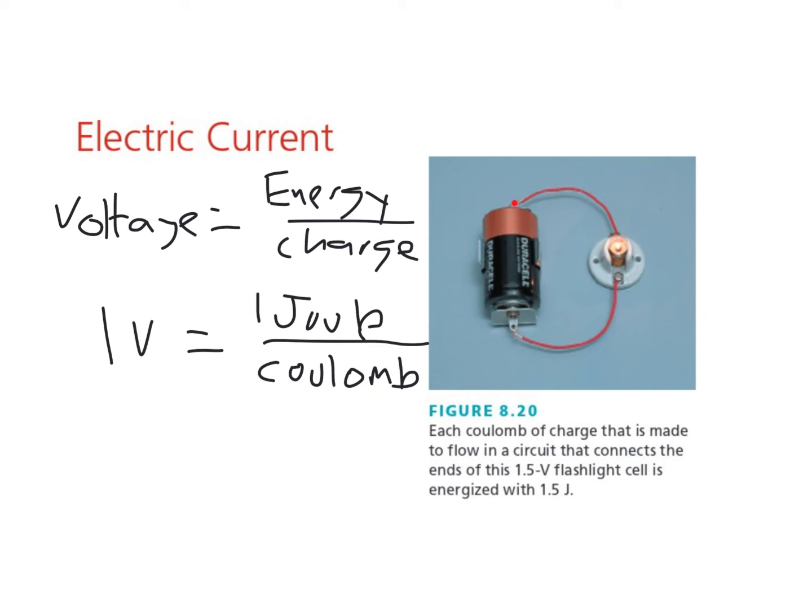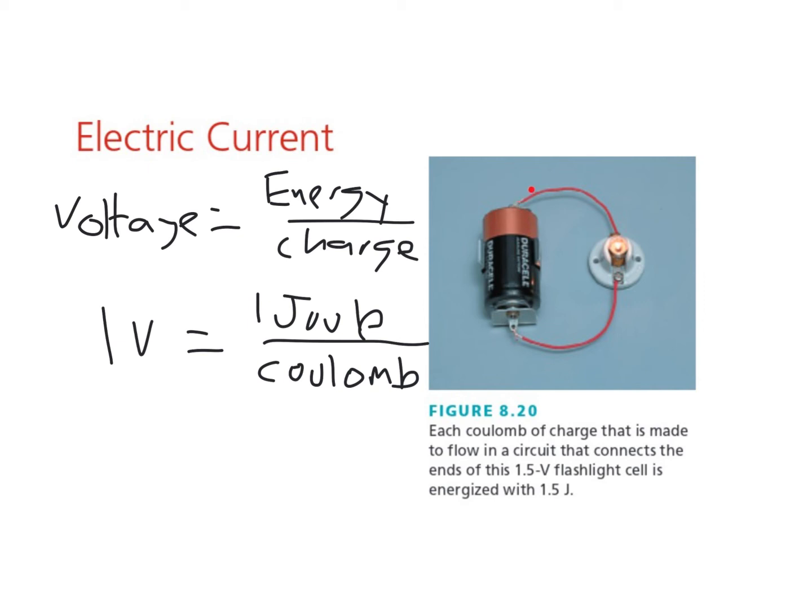Well, these charges, as they're going through the wire and they get back to the battery, get pumped, in quotes, through the battery. And the charges going through the battery gain energy. How much energy? For every coulomb's worth of charge, they gain 1.5 joules if it's a 1.5 volt battery, because 1.5 volts would be 1.5 joules per coulomb. So every coulomb's worth of charge gains 1.5 joules of energy.